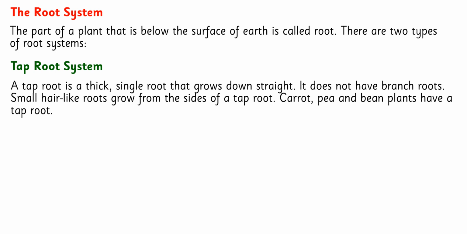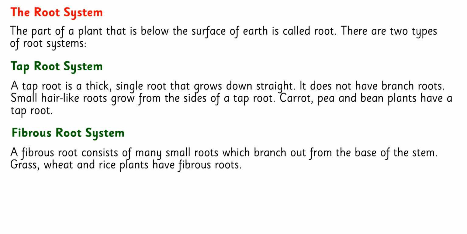Small hair-like roots grow from the sides of a taproot. Carrot, pea and bean plants have a taproot. Fibrous root system. A fibrous root consists of many small roots which branch out from the base of the stem. Grass, wheat and rice plants have fibrous roots.